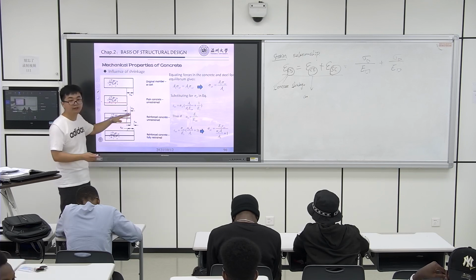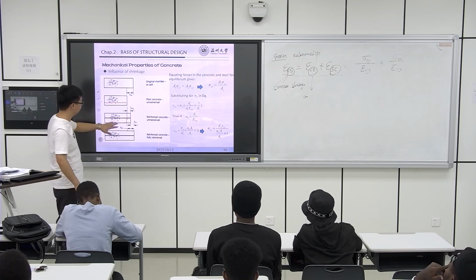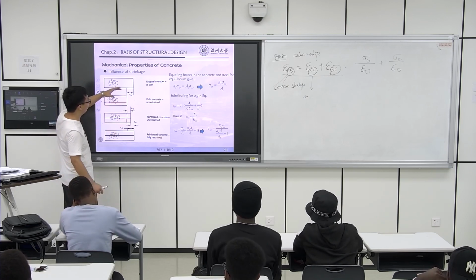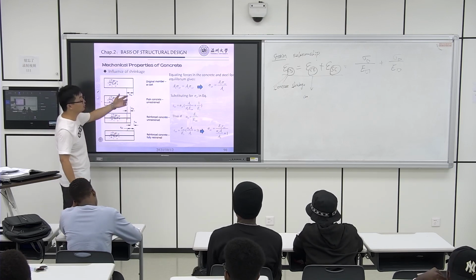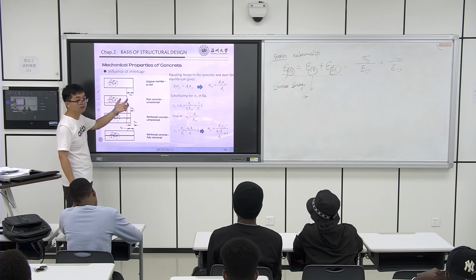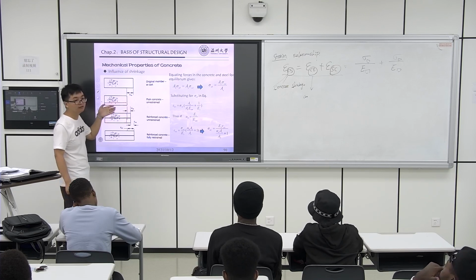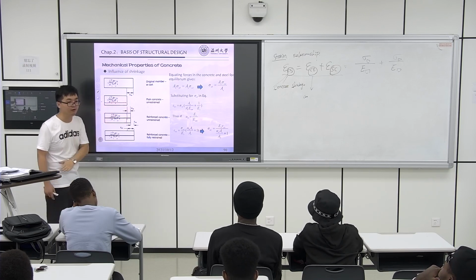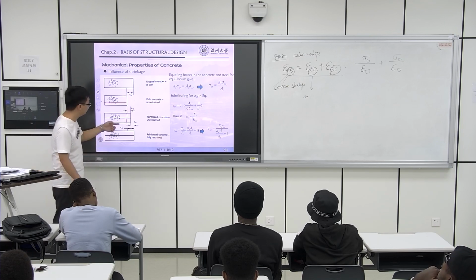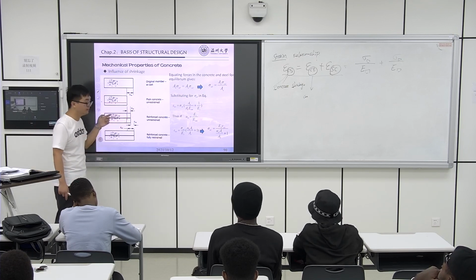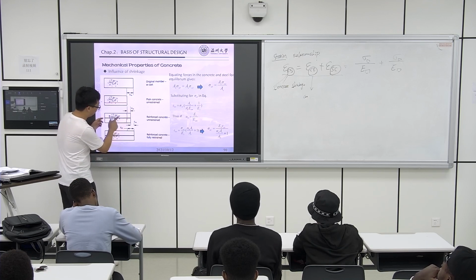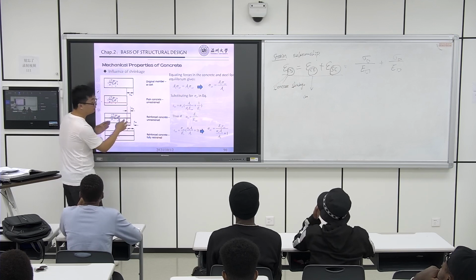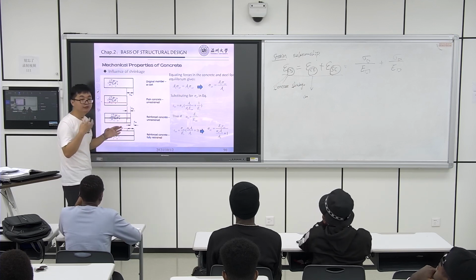Look at this figure. Look at these figures, okay? To compare, this is the total shrinkage strain that occurs in concrete without steel bars. But for this specimen, we have steel bars in the concrete, because of the shrinkage.